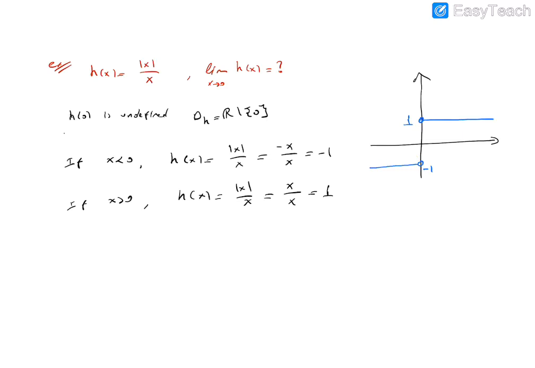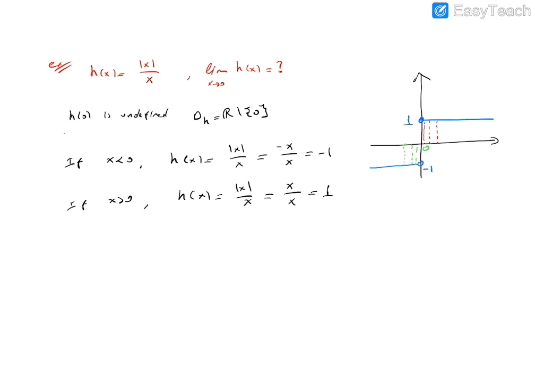So when x is approaching 0, this is the point 0. For the left side, the function value is minus 1. So from the left side of 0, it is always minus 1. From the right side of 0, when we approach 0, the function value is 1.